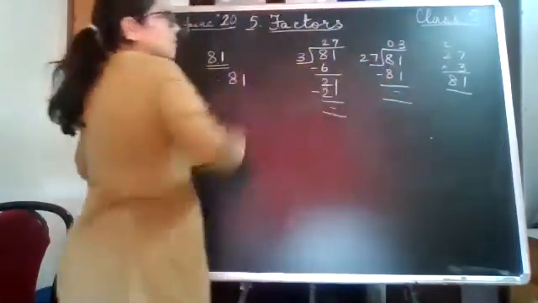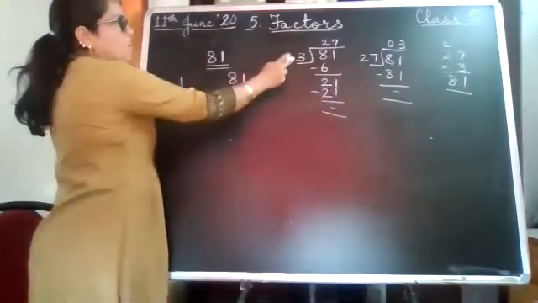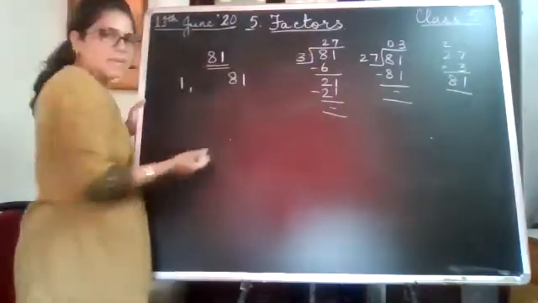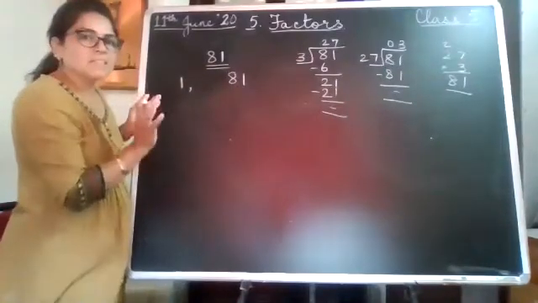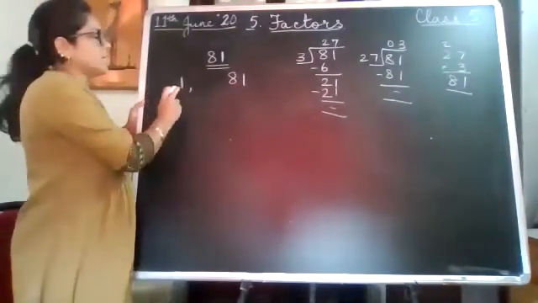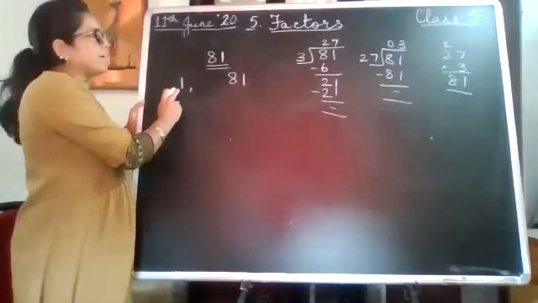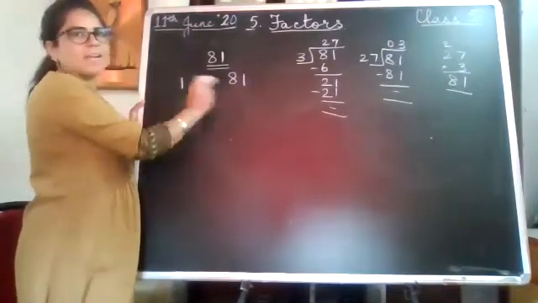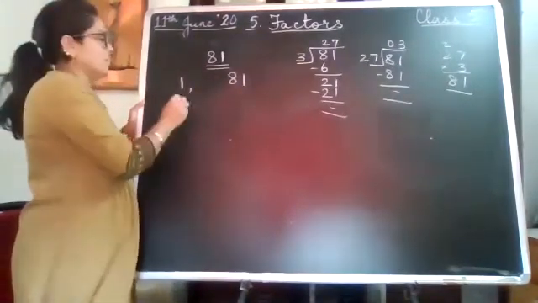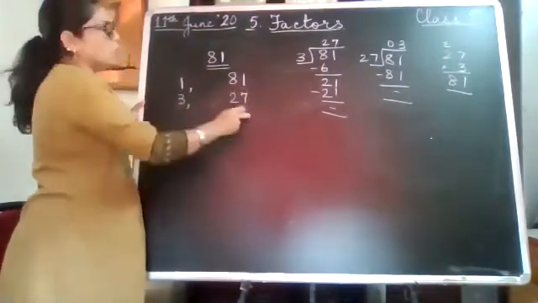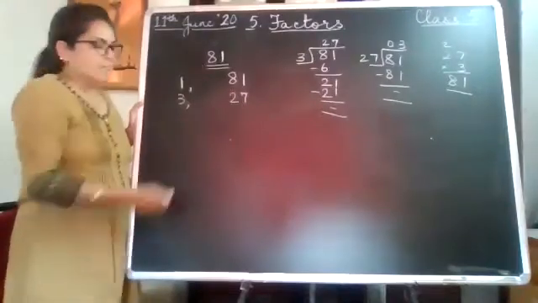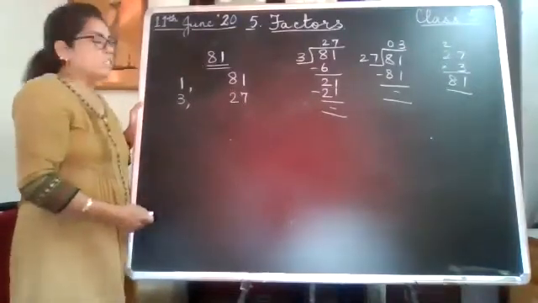So when you find out one factor, the quotient is automatically the other factor. Okay? So simultaneously एक साथ दो factor मिल जाएंगे. जैसे कि 1 will divide 81 81 times. So 1 and 81 are factors of 81. Now 3 divides 81 27 times. So we got 2 more factors of 81. Like this we have to keep on checking for each digit.